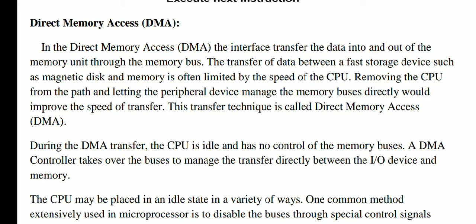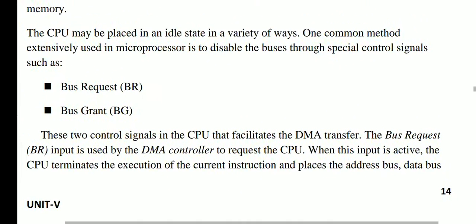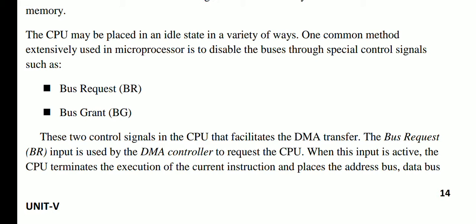During the DMA transfer, the CPU is idle and has no control of the memory bus, and the DMA controller takes over the bus to manage the transfer directly between the input-output and memory. The CPU may be placed in an idle state in a variety of ways.